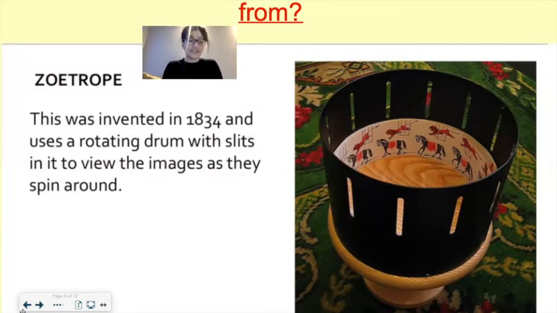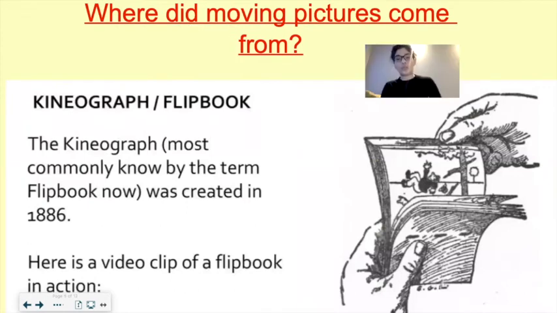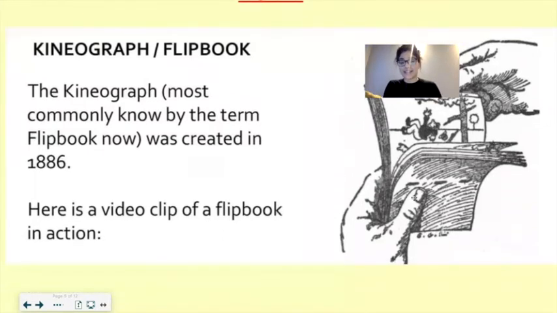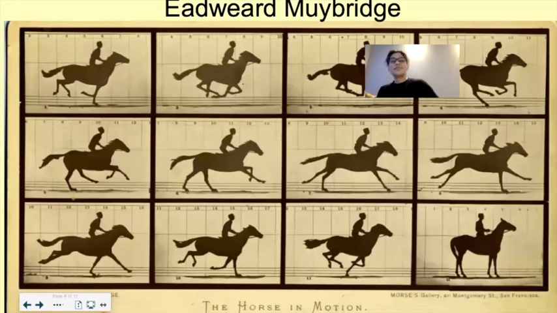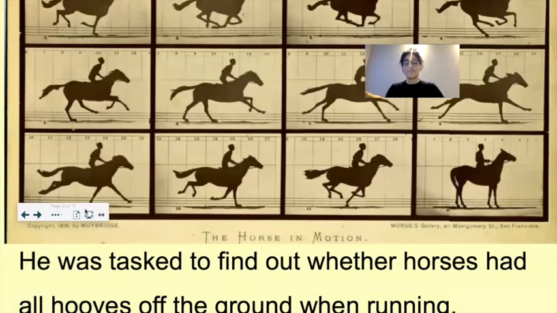It's very, very interesting. You have the kineograph, or what we call the flip book. So the kineograph, most commonly known by the term flip book now, was created in 1886. Now I'm going to tell you about a man called Eadweard Muybridge. He was tasked to find out whether horses had all hooves off the ground when running.